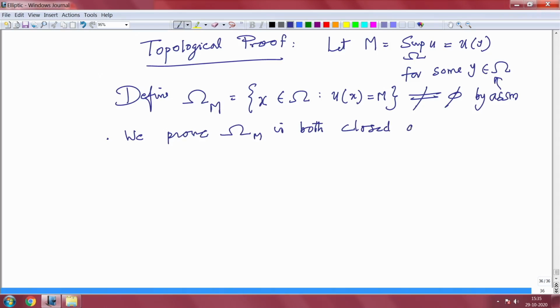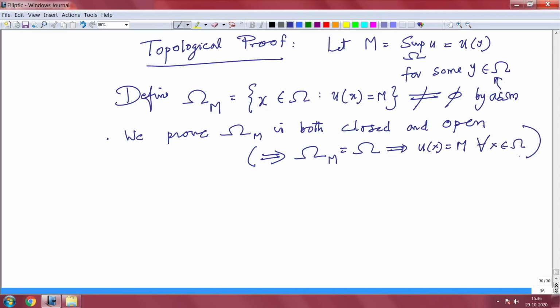Once you prove this, since it is both closed and open and non-empty, omega m is equal to omega itself, because if it is both closed and open, either it has to be empty or it has to be the full domain omega. That implies u of x is equal to m for all x in omega. That is it.